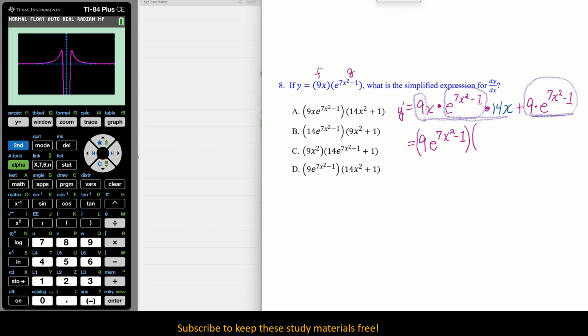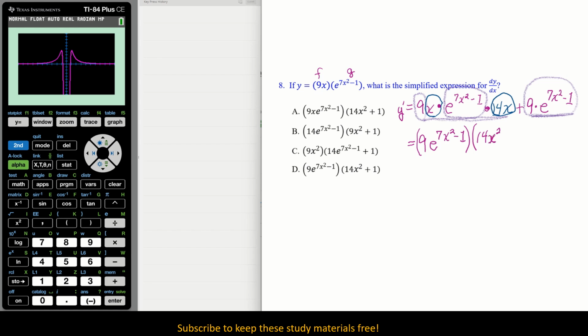So let's look at what we have before the plus. Well, I have an x left, and then I have a 14x. I have the x here and the 14x. Remember, everything is multiplied together in one big term before the plus. So I rewrite that as 14x squared.